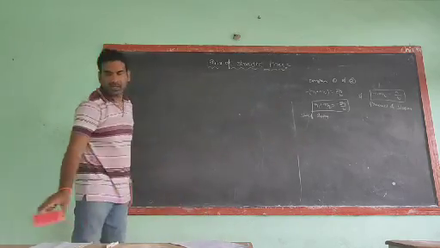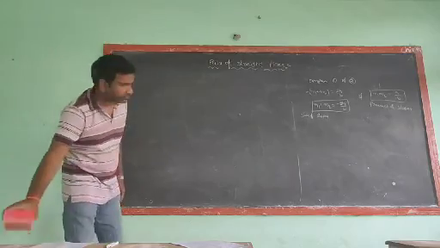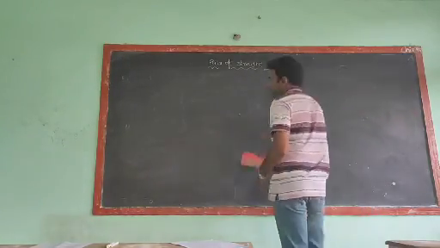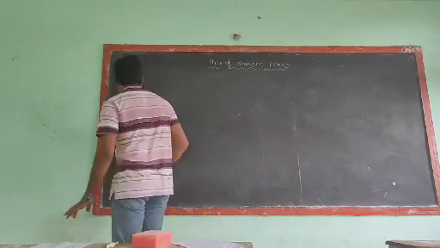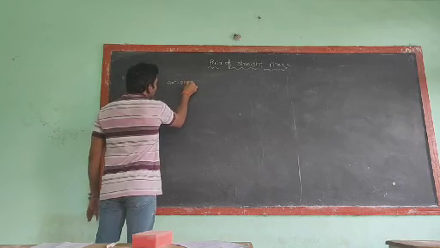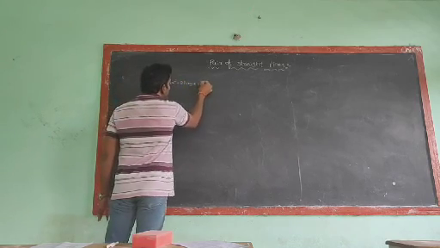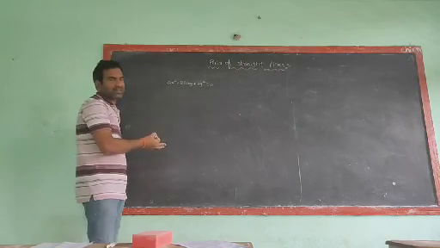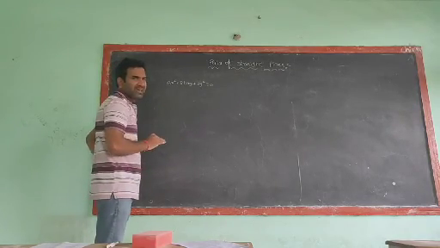Here also, our pair of straight lines equation is ax square plus 2hxy plus by square equal to 0. Standard form. It represents two straight lines passing through the origin. Already we have this idea.